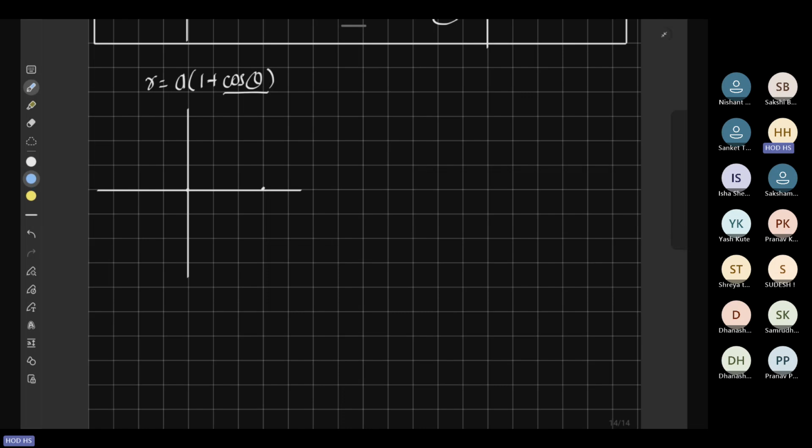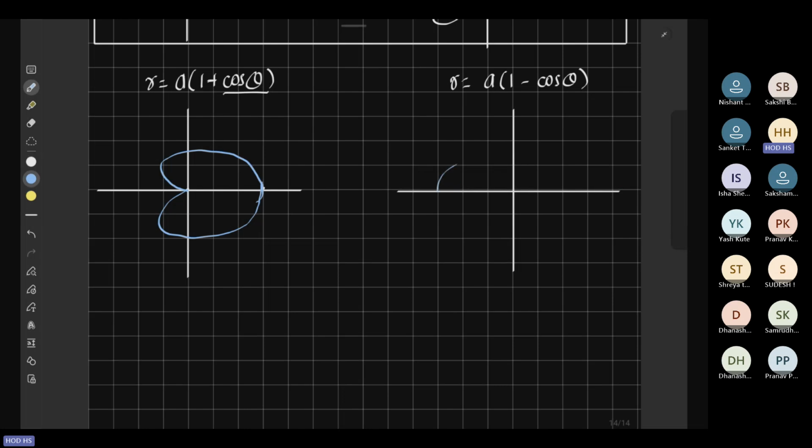So this part actually moves like this and it is symmetric about our initial line. Then r is equal to a into 1 minus cos theta. Here, in this case, the minimum value is achieved at 0 and the maximum value is achieved at pi. So it will have a shape like this, again symmetric about the initial line.